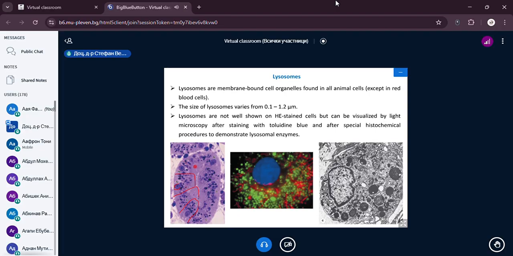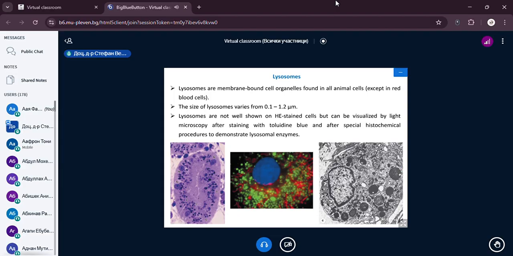The cells are cuboidal. And here the toluidine blue stains the lysosomes, these purple bluish structures present in the cytoplasm are lysosomes, and these cells have abundant lysosomes in their cytoplasm. That's why we study them under the microscope here.